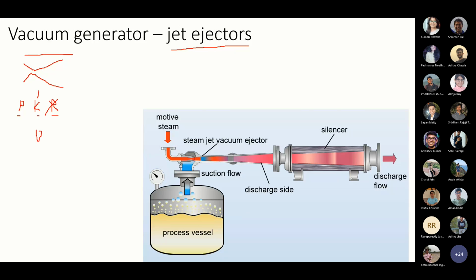That is v square by 2, and this one is delta P. If I increase the velocity, obviously I am decreasing the pressure.